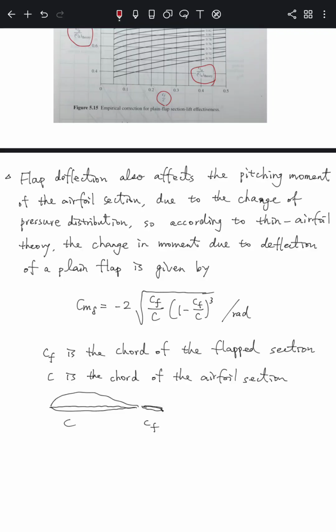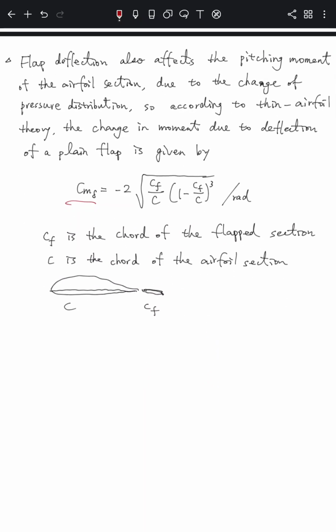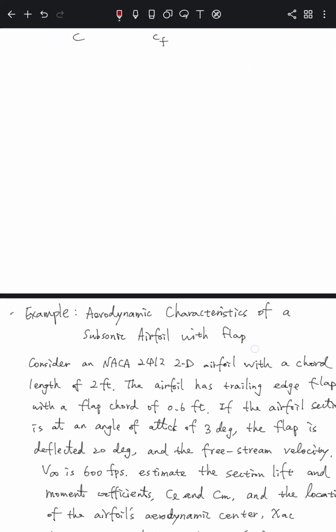If we have a longer flap or larger flap deflection, then we will have a stronger, greater pitch moment. We covered this in our last class, so I won't mention that too much.